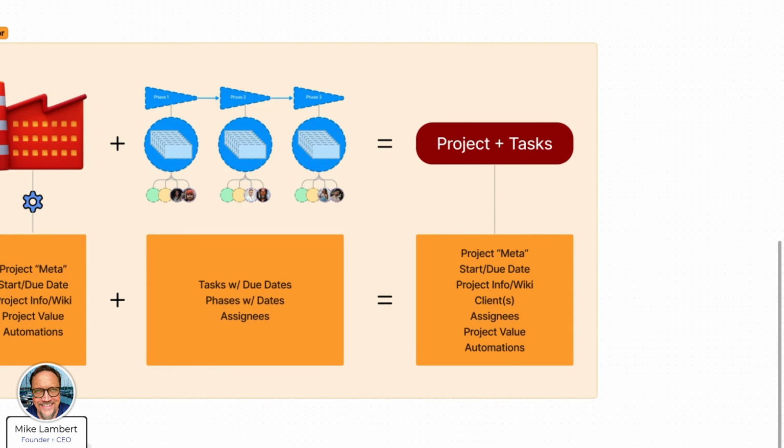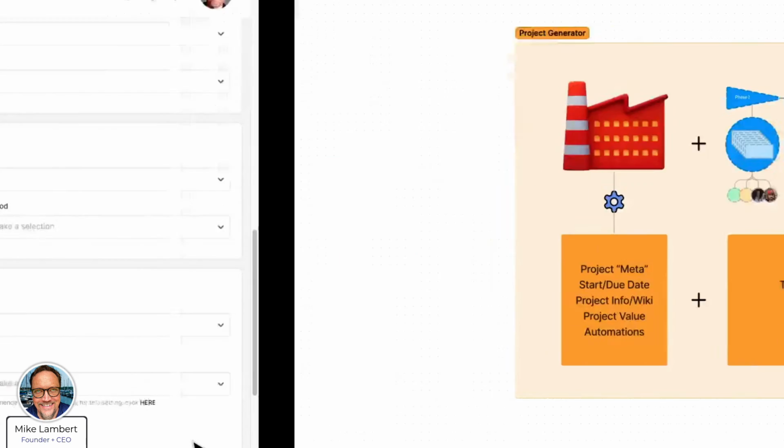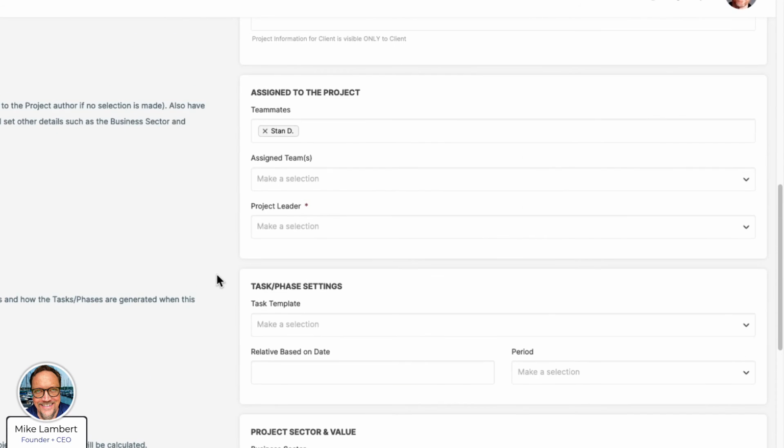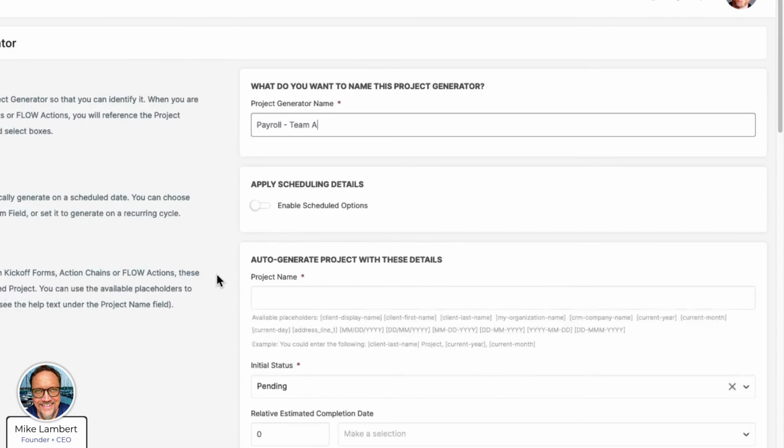So you can build unlimited numbers of project generators and task templates, and you can duplicate them all. So, creating an alternate variant of one is really pretty simple. Once you have the first one, you just do a duplication and change a few items.